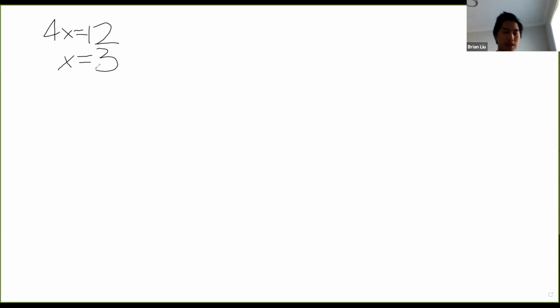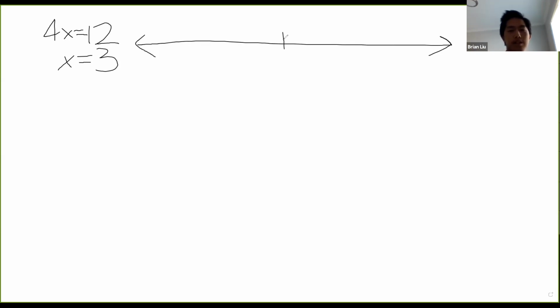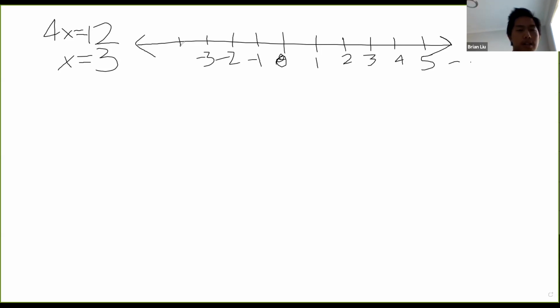So x is a number, and the way we visualize numbers is on a number line. So here we have a number line, a 0 in the middle. A 0, and then 1, 2, 3, 4, 5, and so on. And then -1, -2, -3, -4, and -5, and so on.